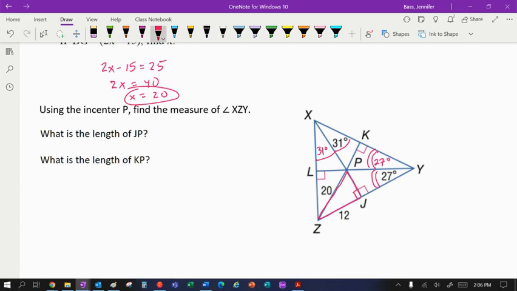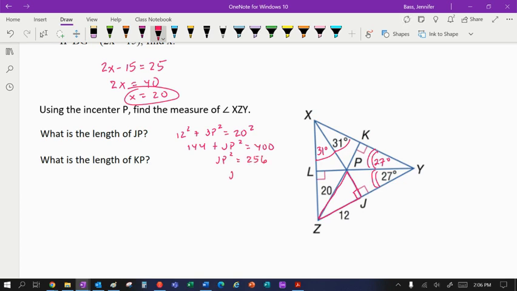So we can use the Pythagorean theorem to find the length of JP. So 12 squared plus JP squared equals 20 squared. So 144 plus JP squared equals 400. Subtract 144 from both sides, and we get that JP squared equals 256.